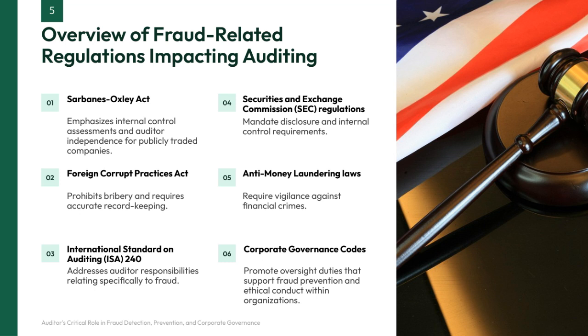Finally, corporate governance codes encourage organizations to establish strong oversight functions. These codes not only support fraud prevention but also foster ethical conduct throughout the company. Altogether, these regulations create a comprehensive framework that guides auditors in identifying, preventing, and addressing fraud effectively.